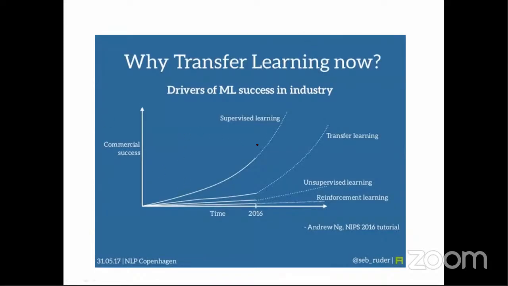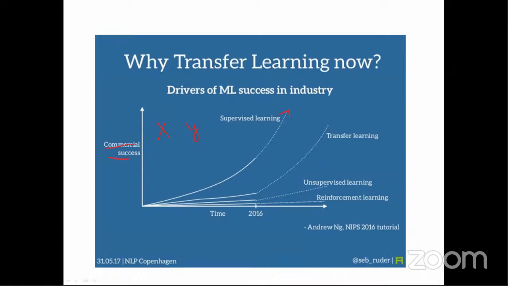See the graph with respect to supervised learning, unsupervised learning and other things. The commercial success is always supervised learning. Supervised learning means you have data points with labels. And we know that unsupervised learning and reinforcement learning models are not far better, particularly in terms of commercial success.